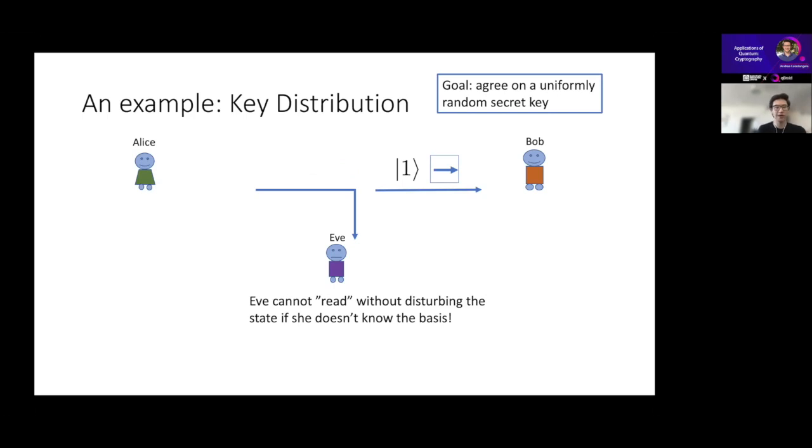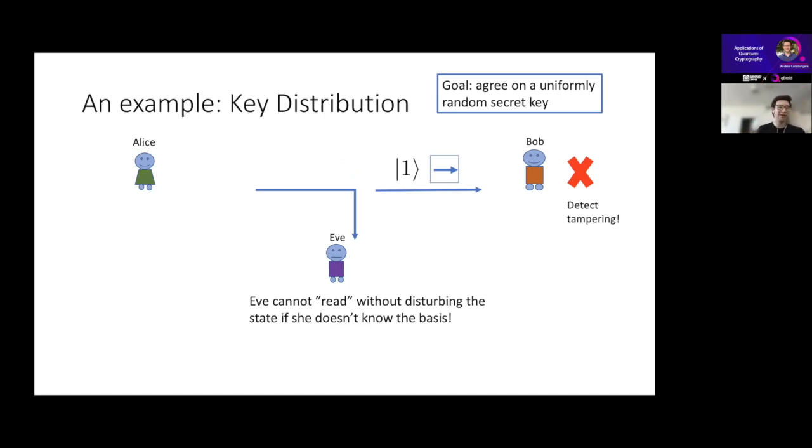And so crucially, by revealing the choice of basis to each other in a subsequent step, Alice and Bob are able to actually detect with high probability if Eve tampered with, let's say, a significant enough fraction of qubits. And so this is really the key idea. Alice and Bob can detect if tampering occurred.